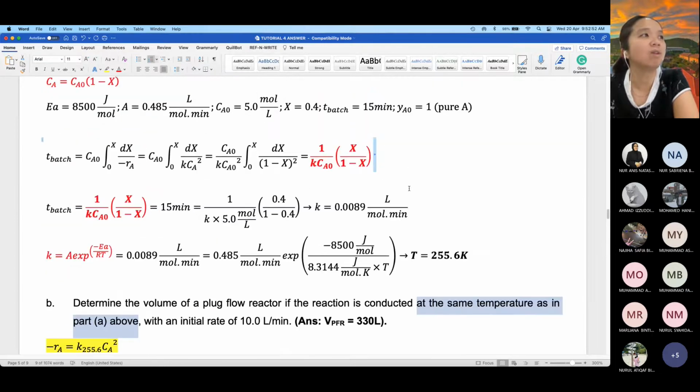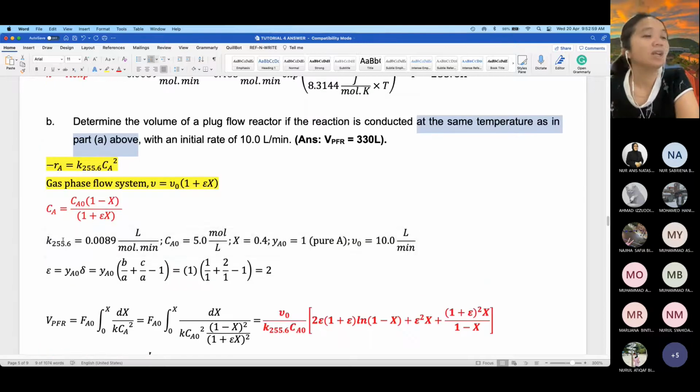We calculated the K was 0.0089. Since the temperature does not change, hence in part B, you can use the same value of K, which is 0.0089. Okay, done.